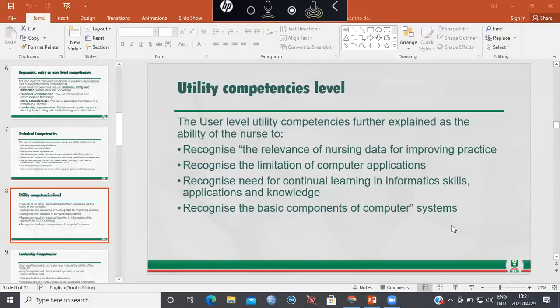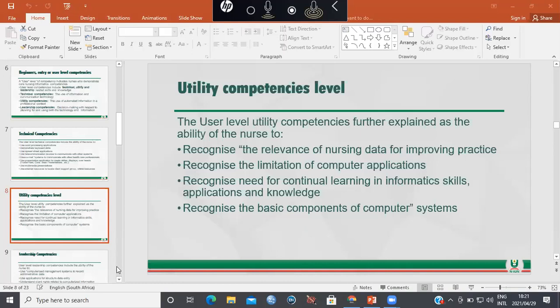So we are going to move to the next one, which is utility competency. Utility competency level. The user level utility competency is further explained as the ability of the nurse to recognize the relevance of nursing data for improving practice, recognize the limitation of computer applications, recognize need for continual learning in informatics skills, application, and knowledge, and recognize the basic components of a computer system.